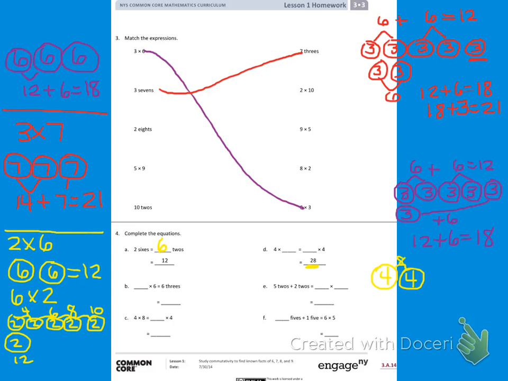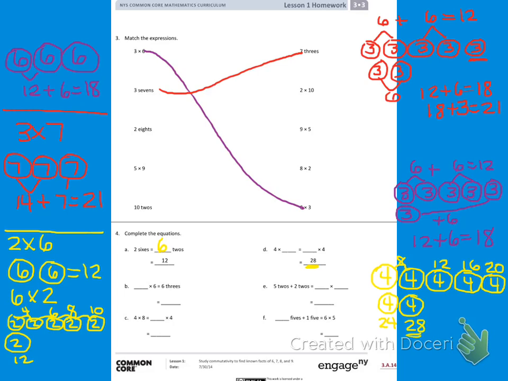We have to keep adding until we get to 28. Plus another group of 4. Now we're at 12. Plus another group of 4. Now we're at 16. Plus another group of 4. Now we're at 20. We have to still keep going because we haven't gotten to 28 yet. Now there's another group of 4. That's 24. Another group of 4. That's 28. There's that product I was looking for.